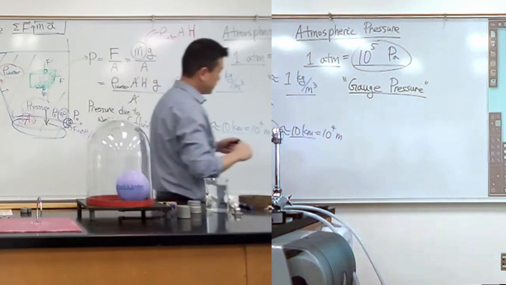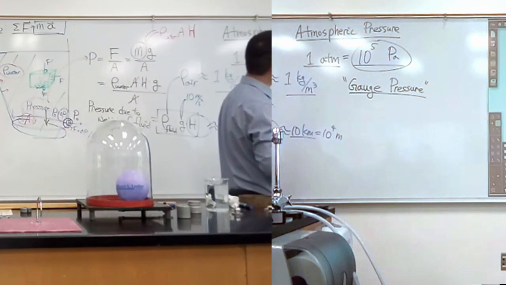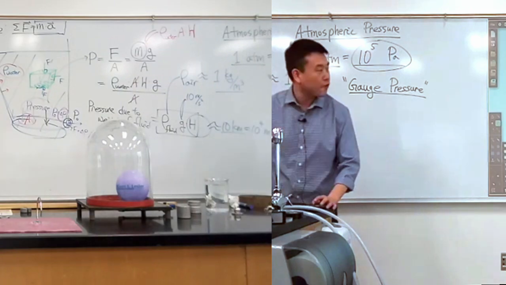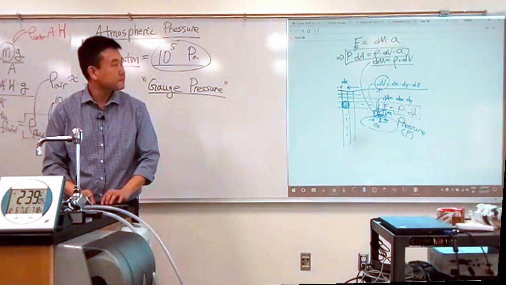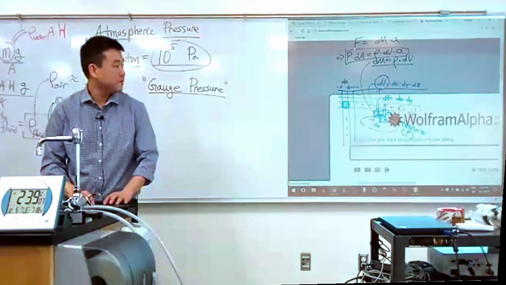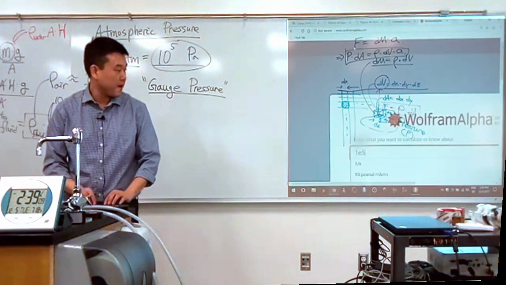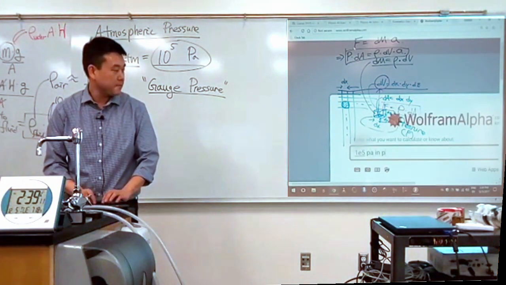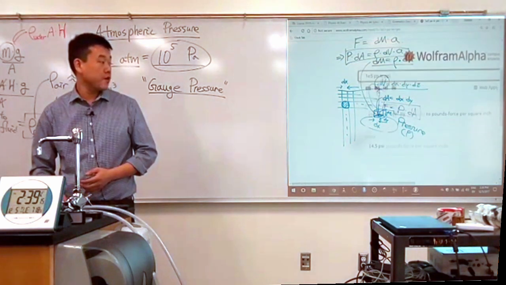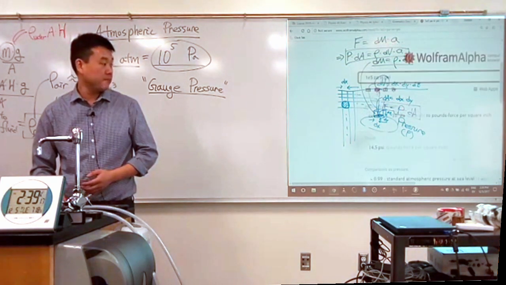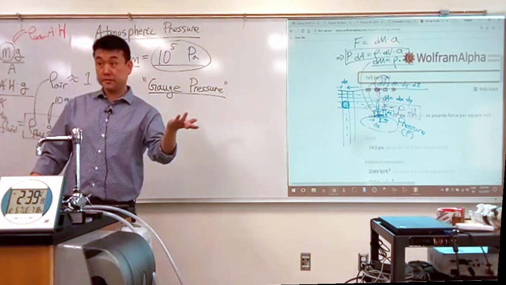I don't know how much this is in PSI. Let me do the conversion so that I actually know the number in PSI. So 10 to the 5 pascals in PSI. Pounds per square inch is another unit of pressure that you will see a lot, like when you're inflating your tires.